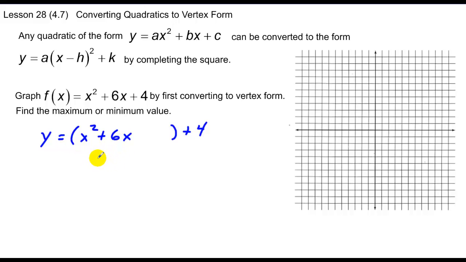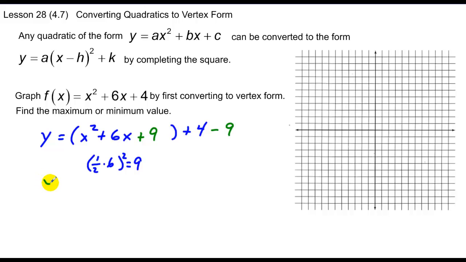So in this case we get half of 6 squared, which equals 9. Now I'm going to add 9 to this term in parentheses, but I have to keep my equation balanced. So in order to keep it balanced, I'm going to subtract 9 from the quantity outside of the parentheses.